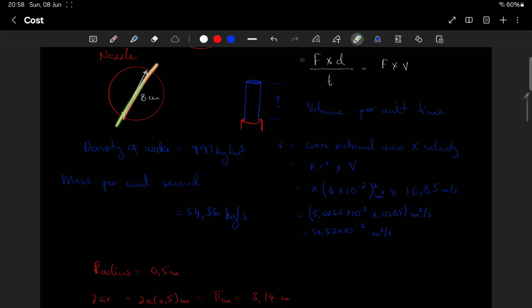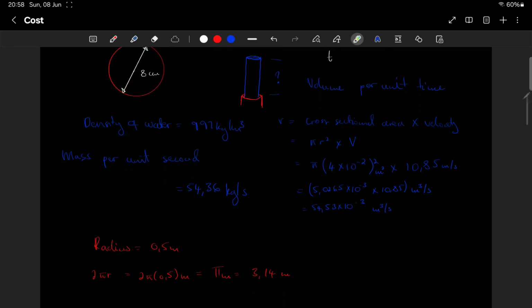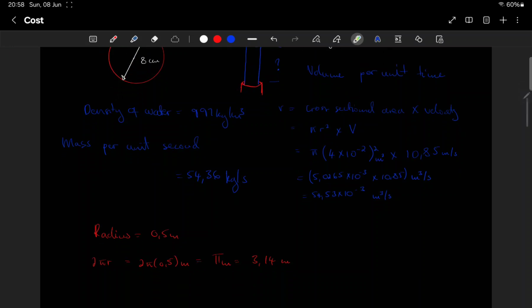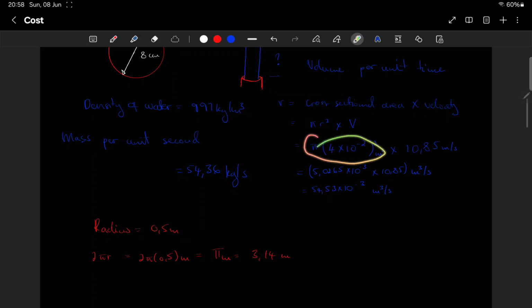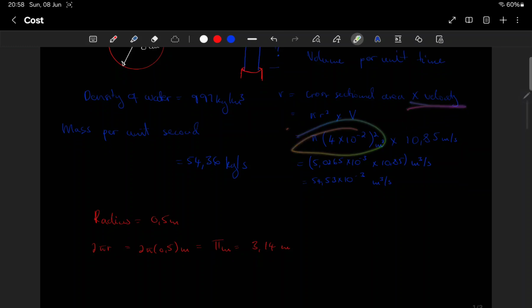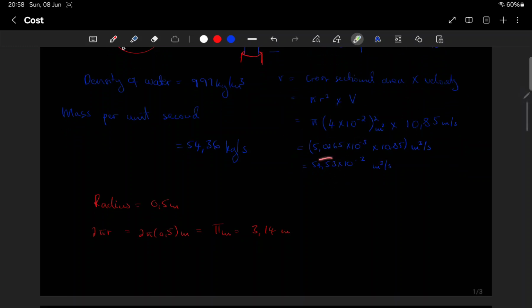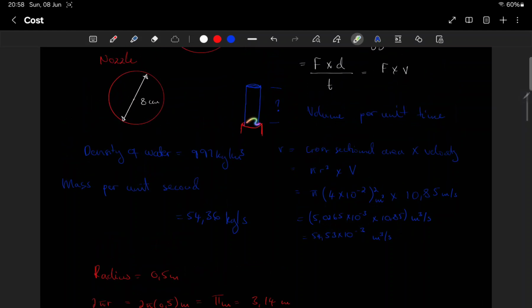Then say it has a diameter of 8 centimeters, and the cross-sectional area of the water column that's going up is pi r squared. So pi times 4, which is the radius, half of 8. That's the cross-sectional area times the velocity. What this gives us is a volume per unit second. This is the volume that's exiting the pump per unit second.